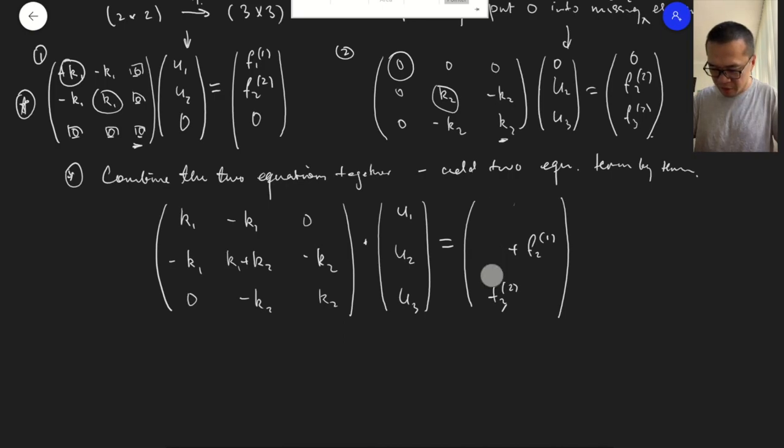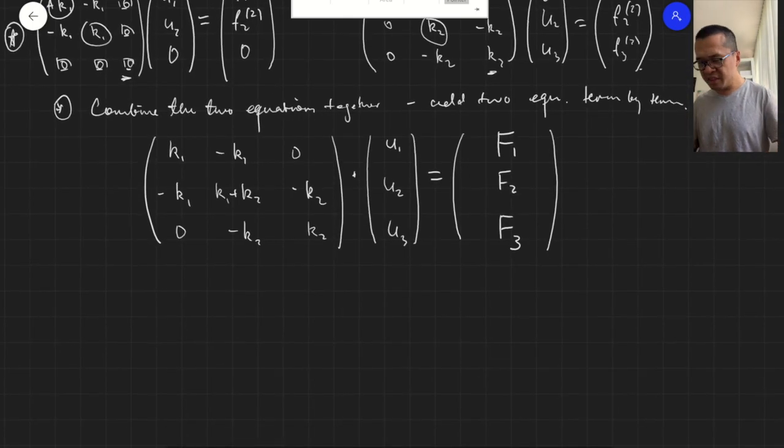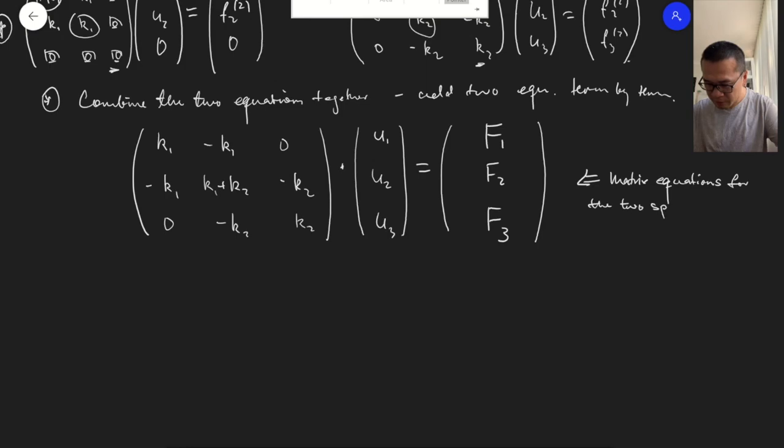So what we have here is F1, F2, and F3. So we have set up the matrix equations for the two-spring system.